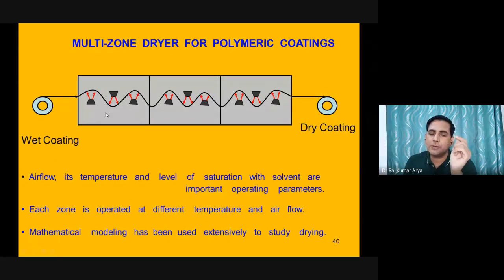For airflow on top and bottom, you have two choices: either the same, or different airflow on top and on the bottom. Then there is the temperature. And the second thing, how long should I dry in zone 1? The time also. So in each zone I have three parameters that need to be optimized. If I go to zone 2, I get three more parameters. Zone 3, three more parameters.